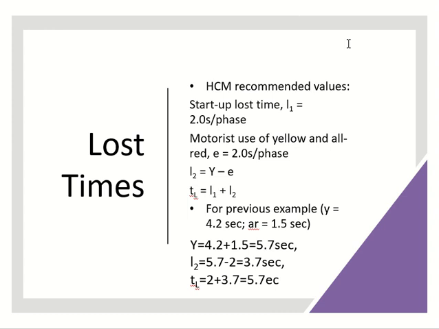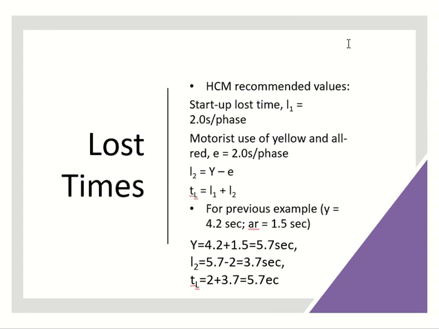Those 2 seconds in which people are actually going, the remaining is what? Lost time. Got it? So the actual clearance loss time is not 1.5. The actual clearance loss time is 3.7 seconds. From where are we getting the extra 2.2 seconds? From yellow. Clear?